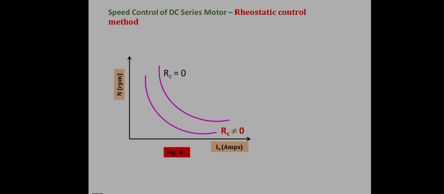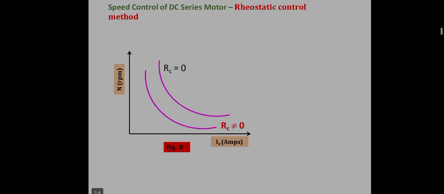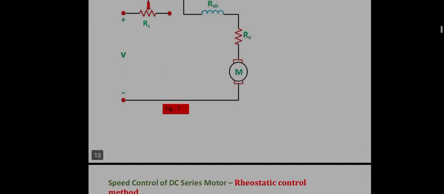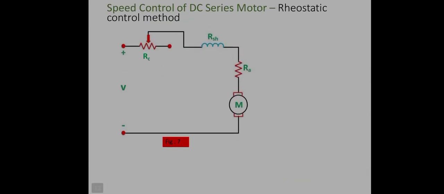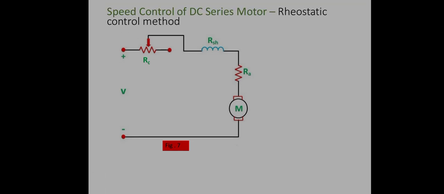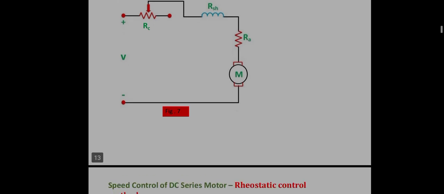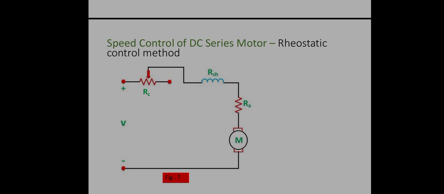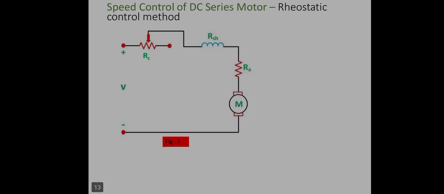If RC is equal to 0, you will get a certain speed, and if you change the value of RC, you can reduce the speed, meaning that if you are increasing the resistance, the current is reduced and so the flux is reduced. So the control resistor in series with the motor makes the speed control.